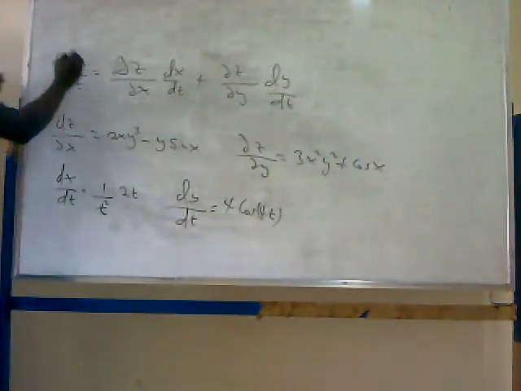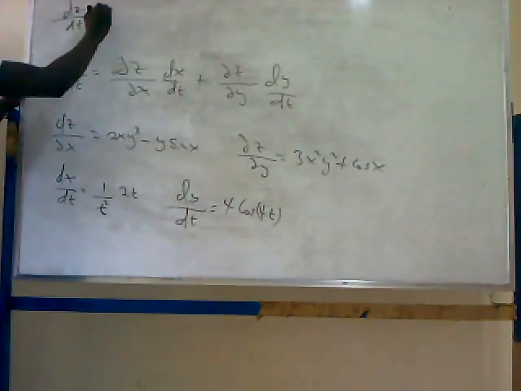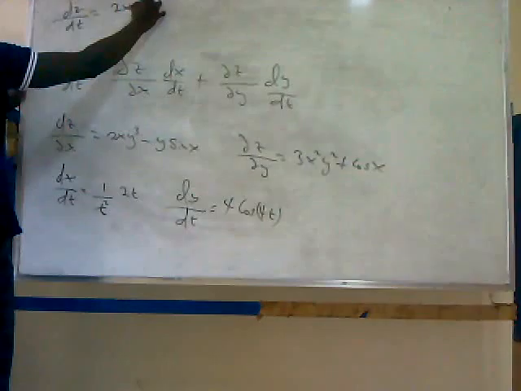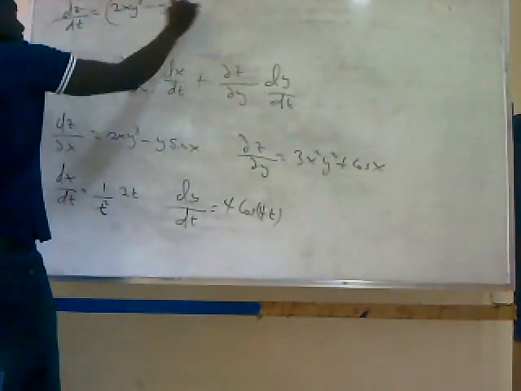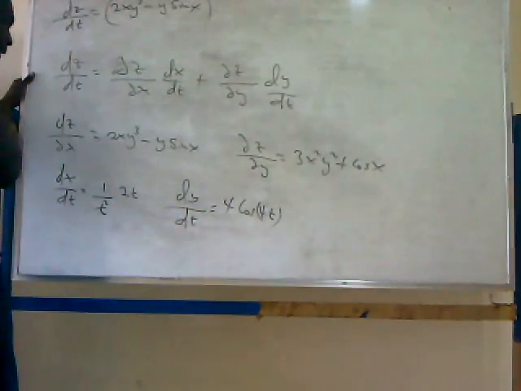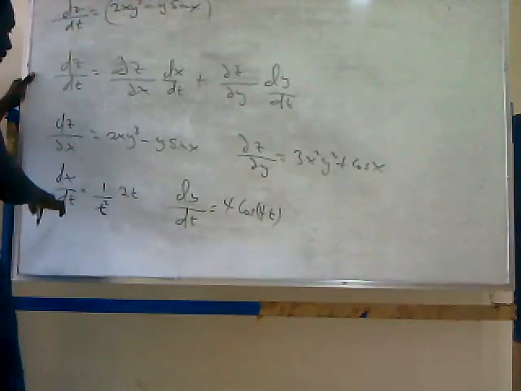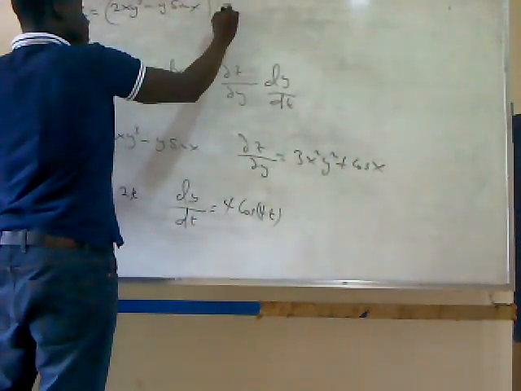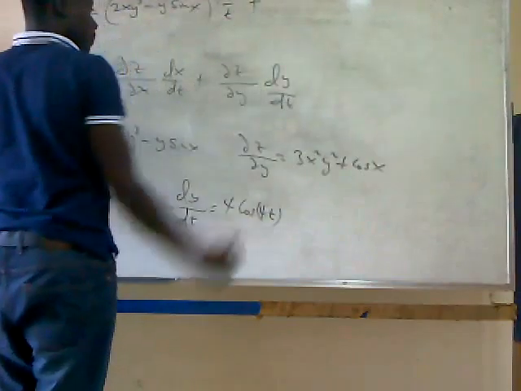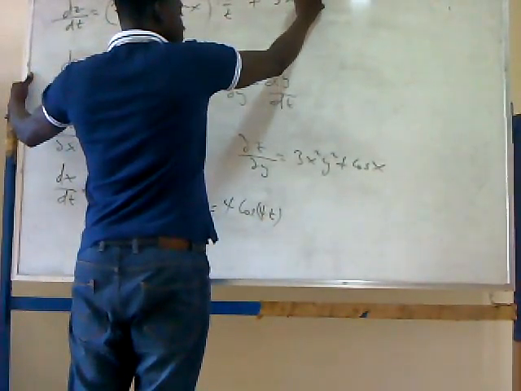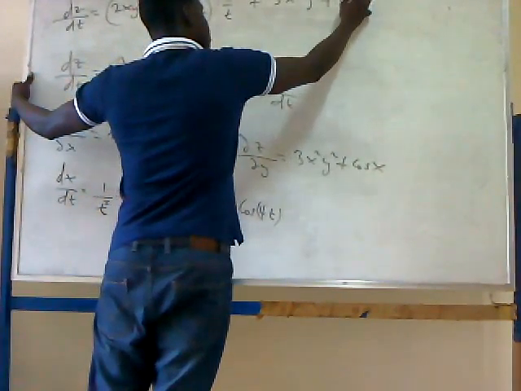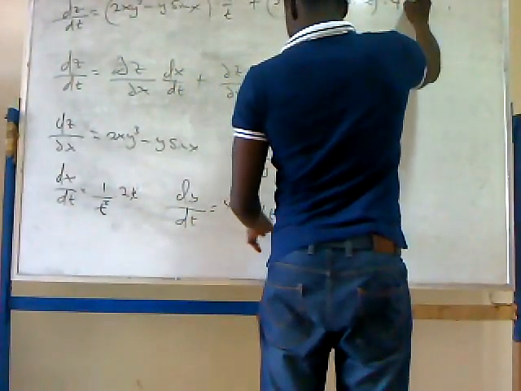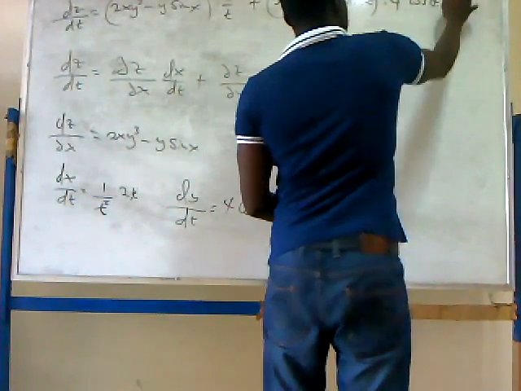So dz/dt now is del z/del x, that is 2xy cubed minus y sine x, times dx/dt, you know, there this will cancel that, and I'll get 2 over t, plus del z/del y, which is 3x squared y squared plus cos x, and dy/dt I have 4 cos 4t.